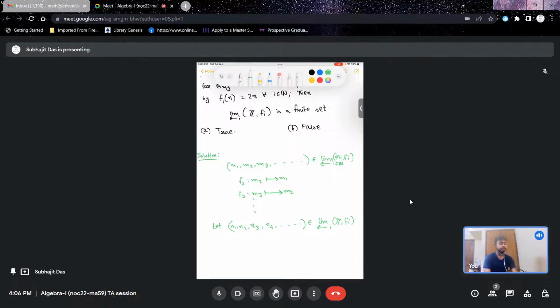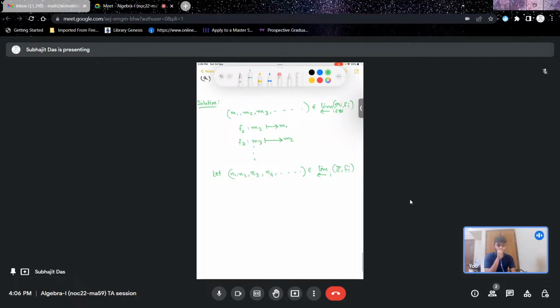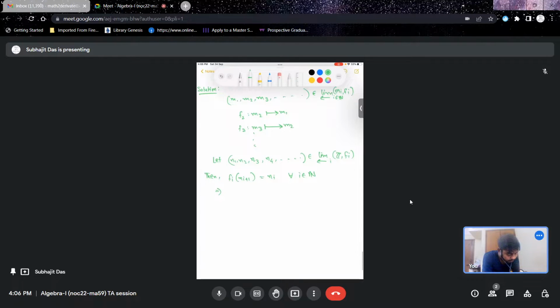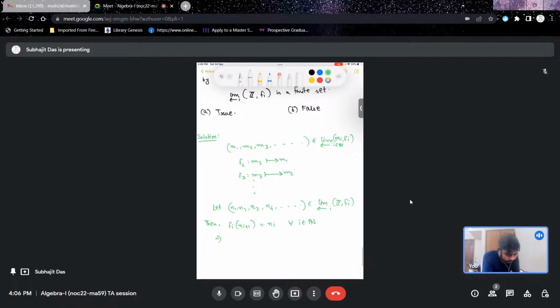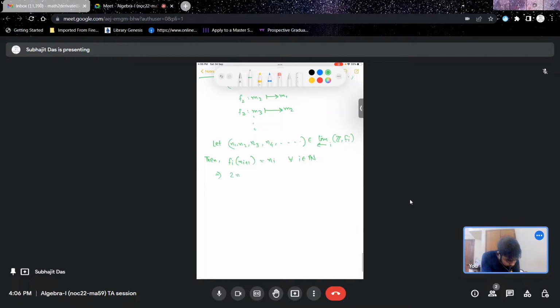Then we know that f_i of n_{i+1} has to be n_i for all i in natural numbers, which implies that f_i of n_{i+1} is 2 times n_{i+1}, which has to be n_i for all i, which implies that n1 is equal to 2 times n2.